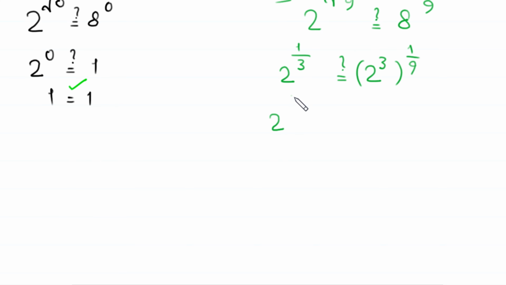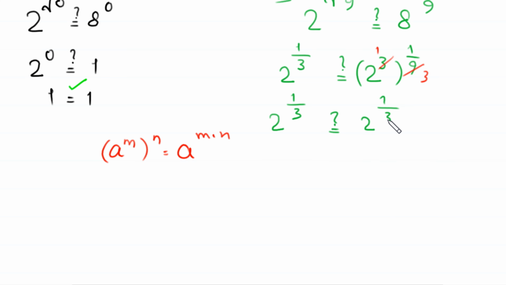By using the property a to the power m whole to the power n is equal to a to the power m times n, we multiply the power 3 by 1 over 9, so 3 times 1, and 3 times 9. So this will become 2 to the power 1 over 3.